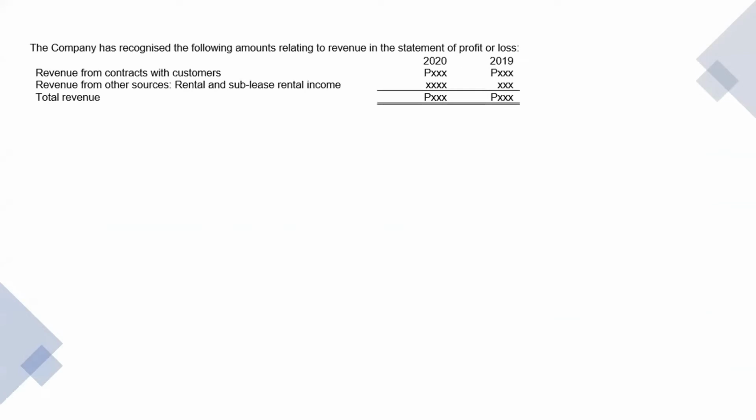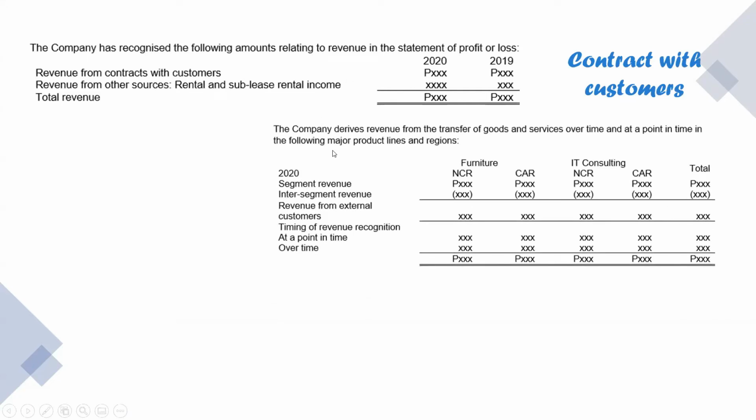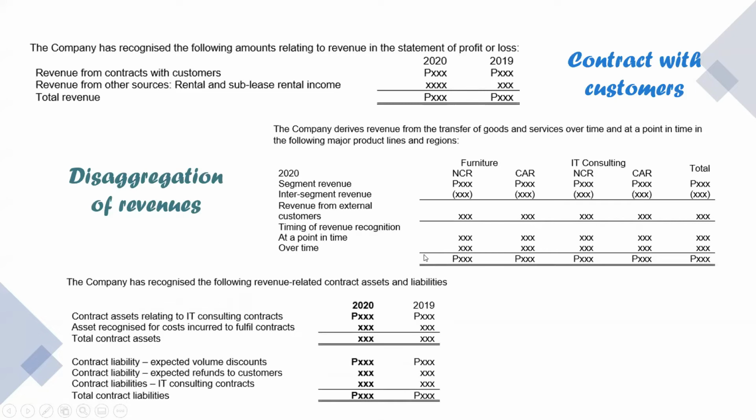So, ito yung example natin ng disclosure. So, dito makikita natin na yung revenue from contracts with customers are separately presented dun sa mga revenue from other sources. Disaggregation of revenues. Nakaseparate yung transfer of goods dun sa mga services over time. Next, yung contract balances.